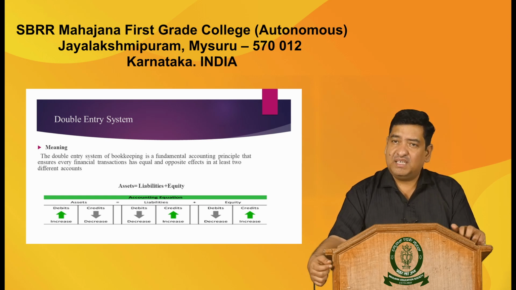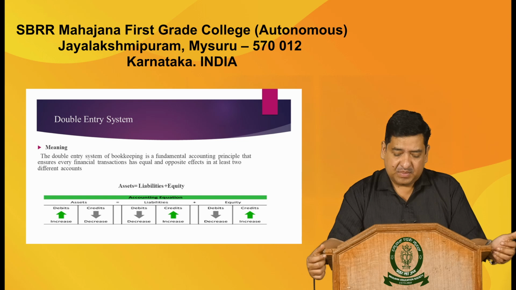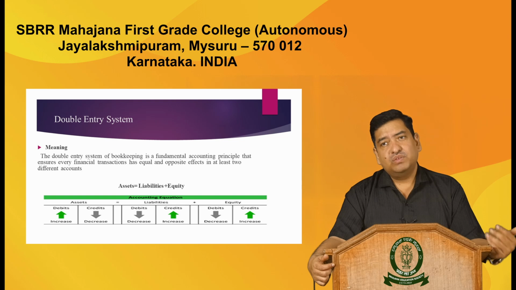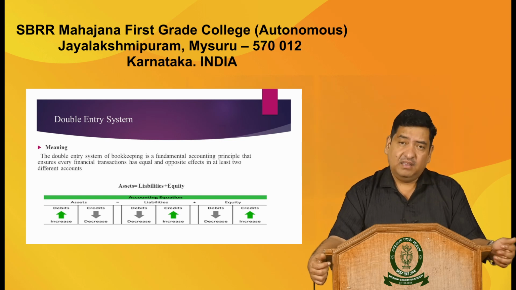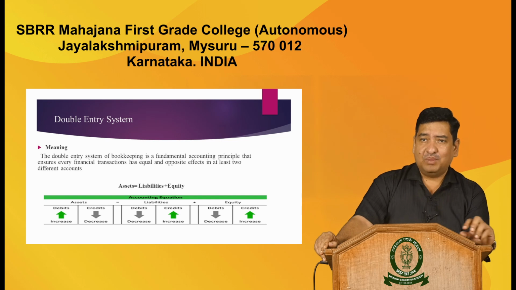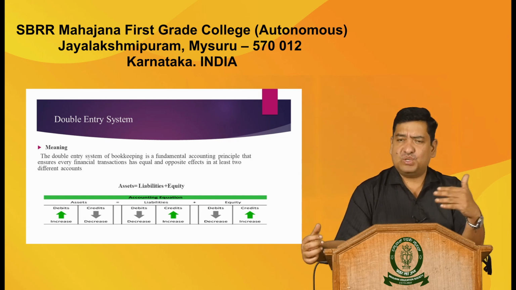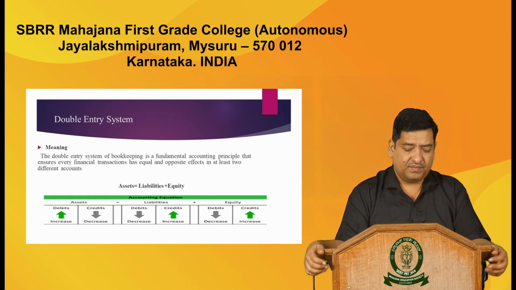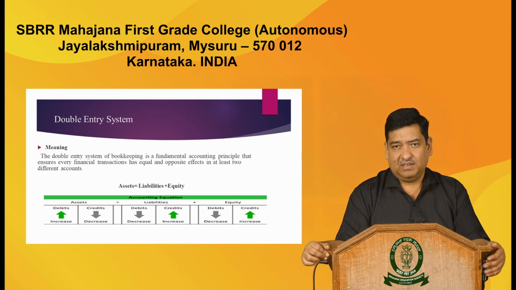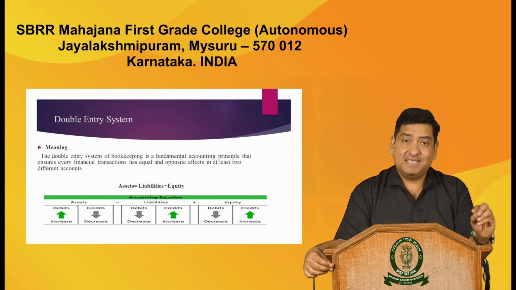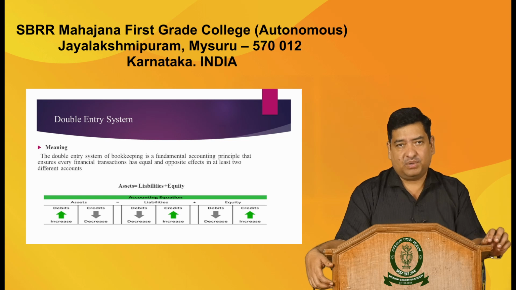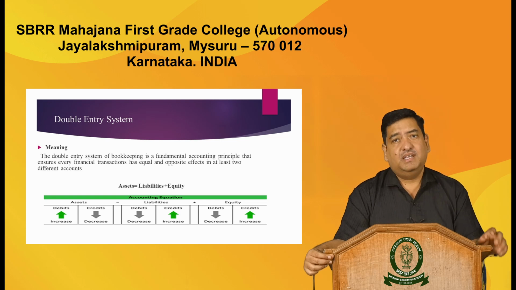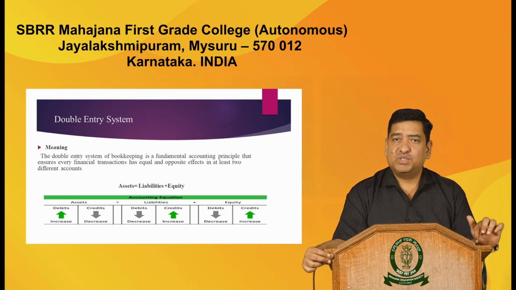And with respect to equity also, you will be having a debit for decrease, and credits you will be having an increase in the transaction. So this is the complete picture of your double entry system. By just looking into the accounting equation, you can easily understand the concept of your double entry system of accounting. There is not much worry about understanding the concept of double entry system of accounting. Means to say, for a single transaction, or whenever you are going to do the transaction, there should be a debit and there should be a credit.